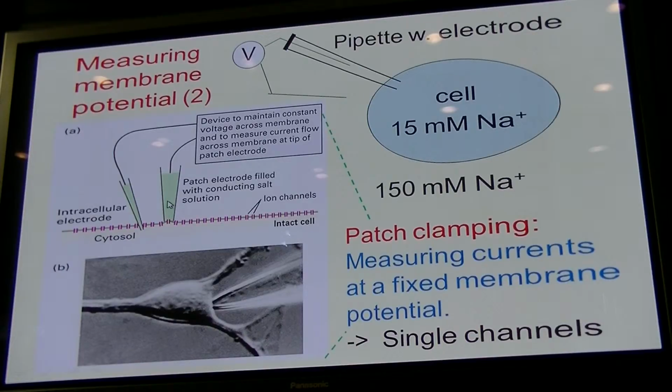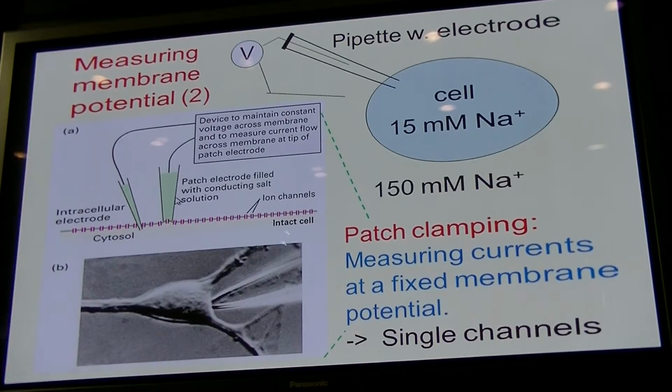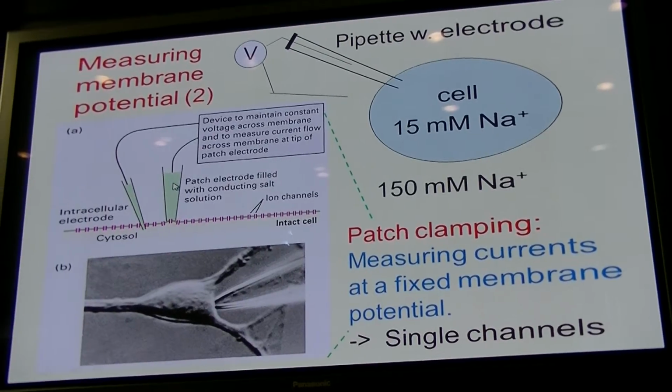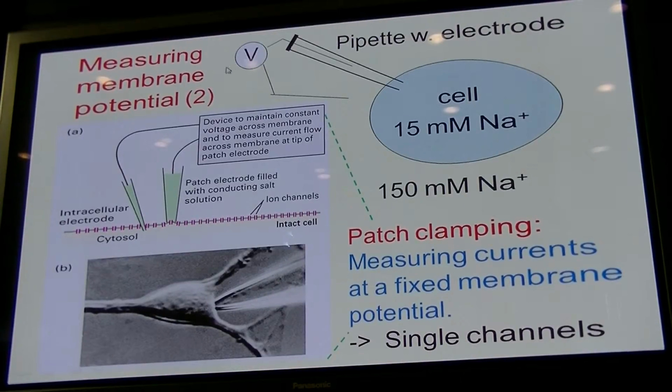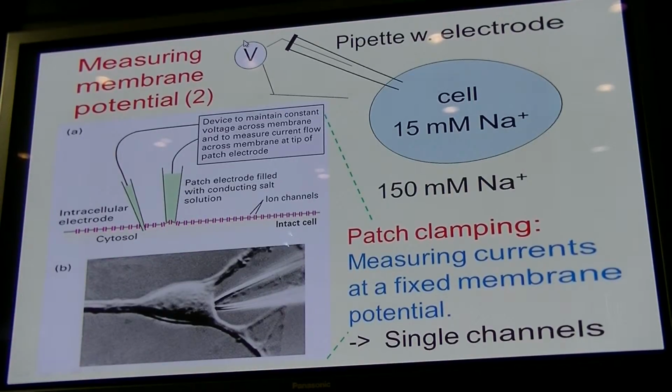So you're measuring currents, I should not use the word potential, you're measuring currents through a single channel. So that's possible. And that then means that you can change the voltage that you apply. You can make that positive out or negative out, the way you want. And you can measure the effect of that change in voltage on the current.